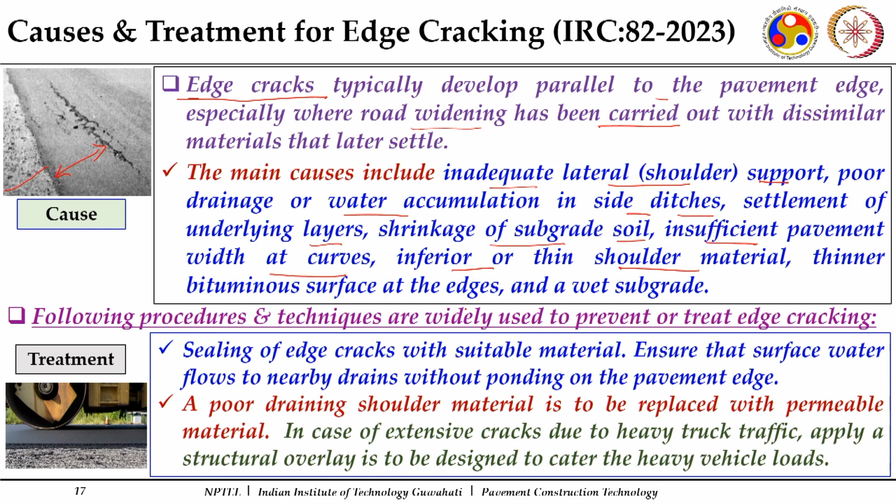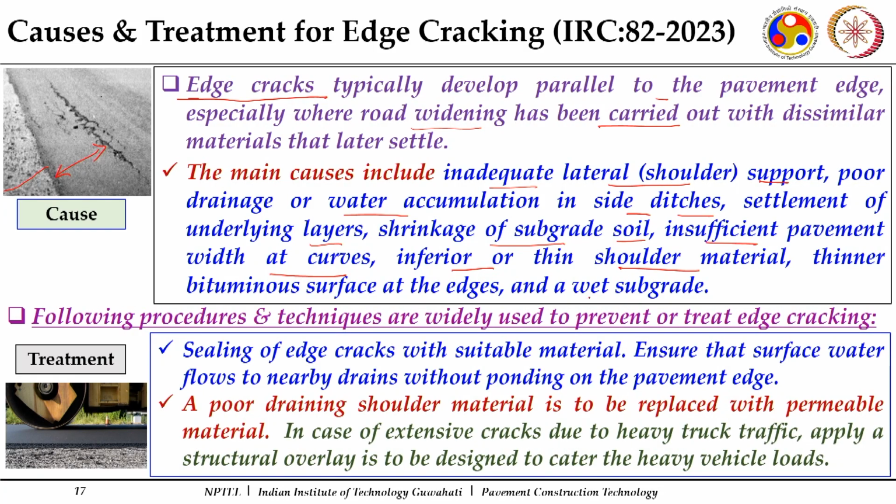Thinner bituminous surfaces at the edges are also a problem, because the thickness of the bituminous surface should remain uniform throughout the width of your carriageway. It should not happen that the thickness of your mat gets reduced as it goes towards the edges, or this kind of edge cracking gets initiated. And a wet subgrade will always be a problem for it. So, these are some of the typical causes for edge cracking.